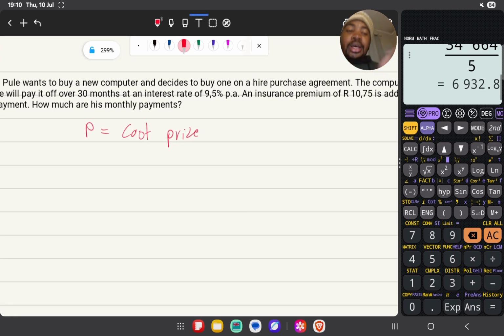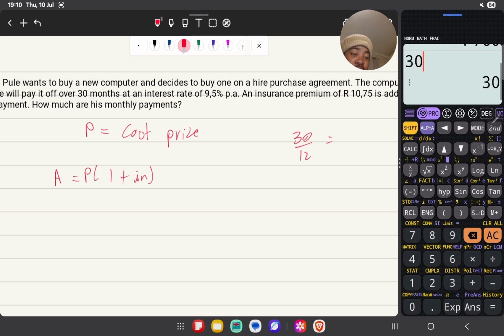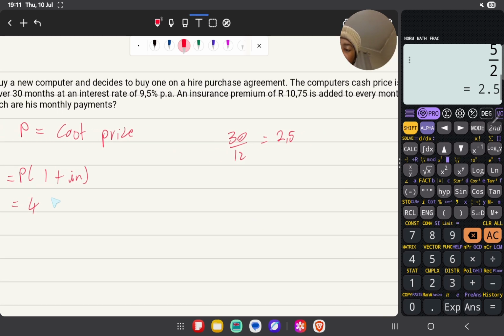So that means when you calculate your accumulated amount, you will say P times 1 plus i n, and n here is going to be 30 divided by 12, which is 2.5. So you substitute 4,250, 0.095 multiplied by 2.5.